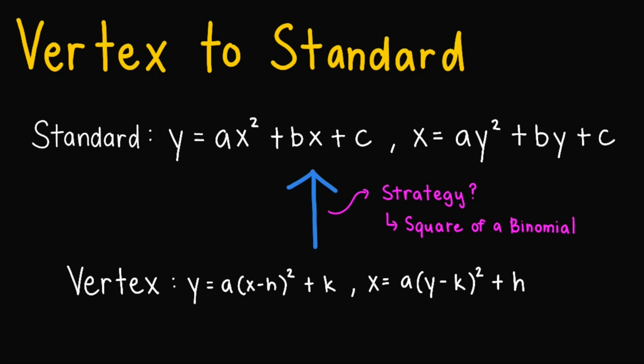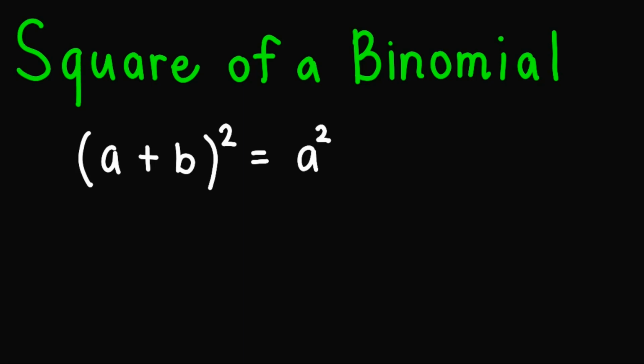So to recall, in square of a binomial, given a binomial a plus b and we take its square, the outcome for this is given by the square of the first term plus 2 times the first term times the last term plus the square of the last term.